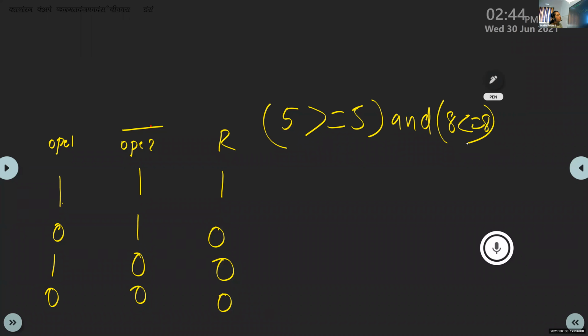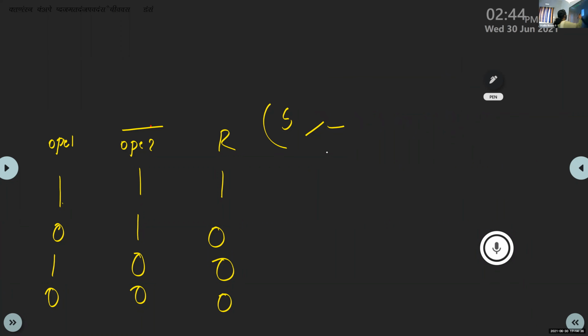True. 5 greater than or equal to 5 is true, because 5 is equal to 5. So here the result is true, which means the value is 1. Then 8 less than or equal to 8. Here 8 is equal to 8, so this is also true, which means 1. What is the result of true and true, or 1 into 1? It is true, or 1. Is it clear, Tushar? Okay.